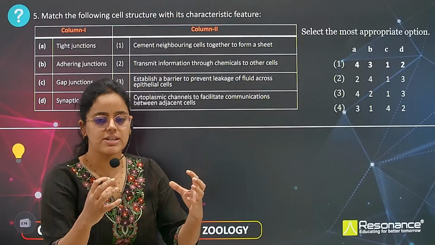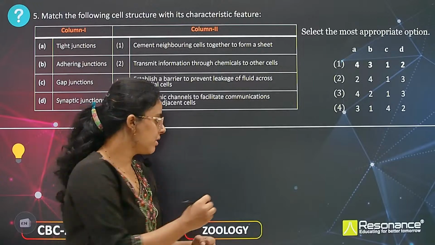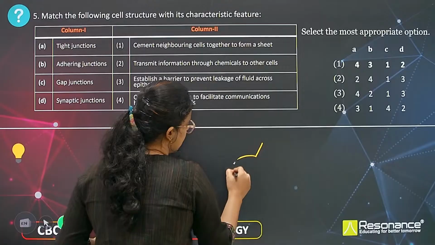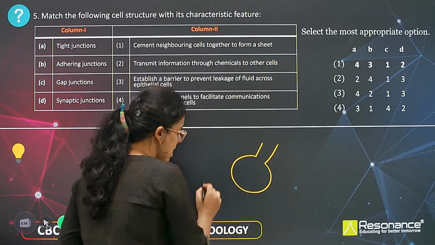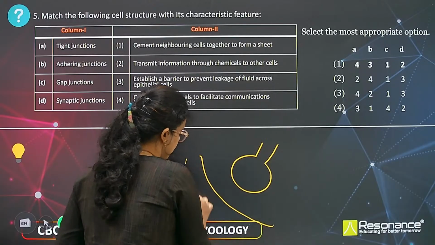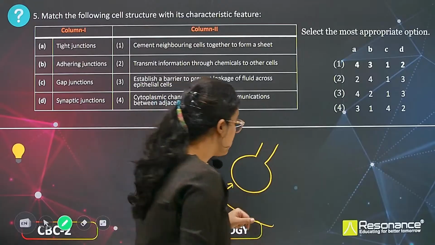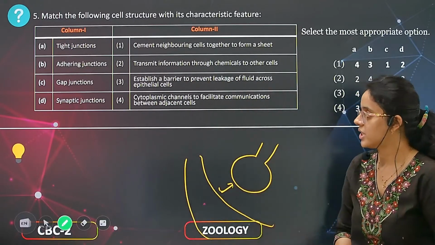Basically, a synaptic junction is formed by a nerve and muscle. Let me draw. This we are going to learn in neurons actually. This is the nerve ending, the axon ending, and this is the muscle. So this space is present, the synaptic complex is formed and the space is present. This is called a synaptic junction.